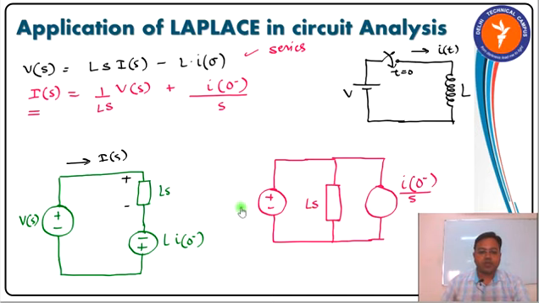Now this is a voltage source, let me use another color. This is a voltage source which is having the function Vs. It will be causing a current Is into the circuit.